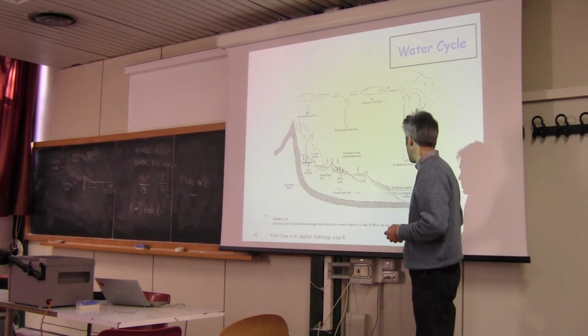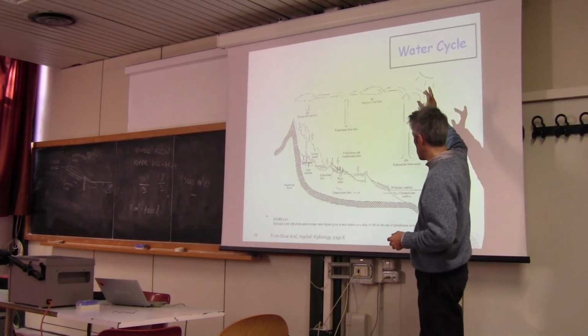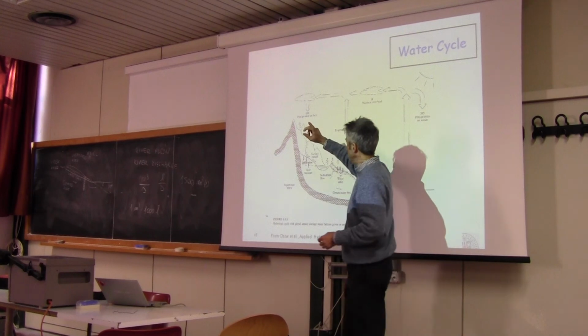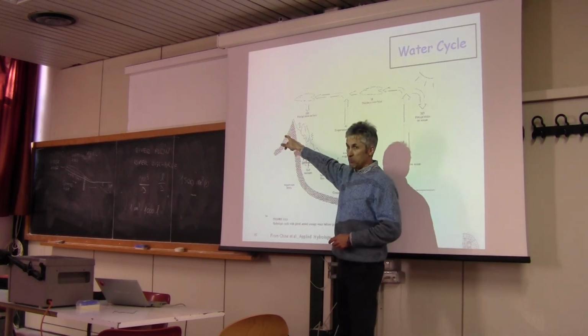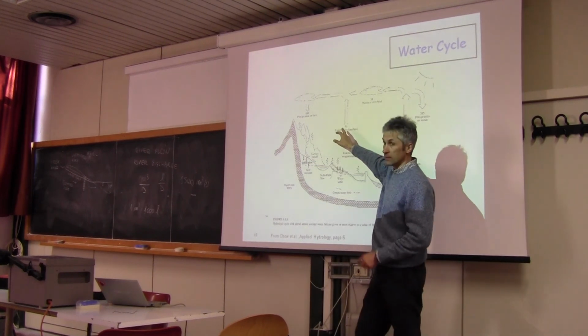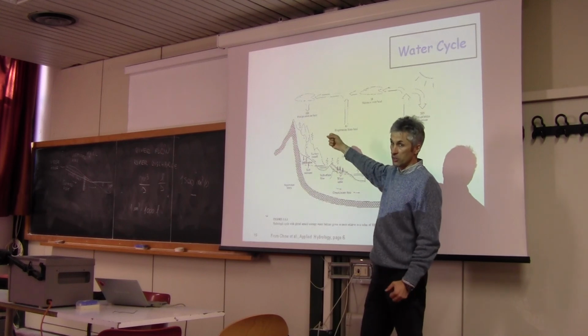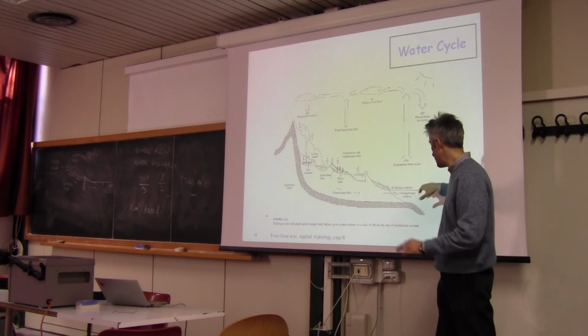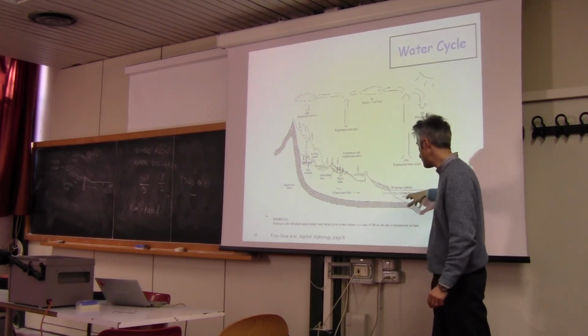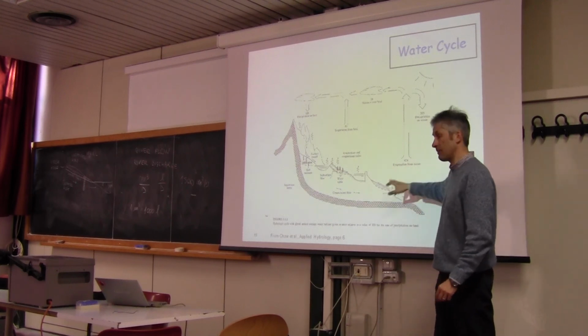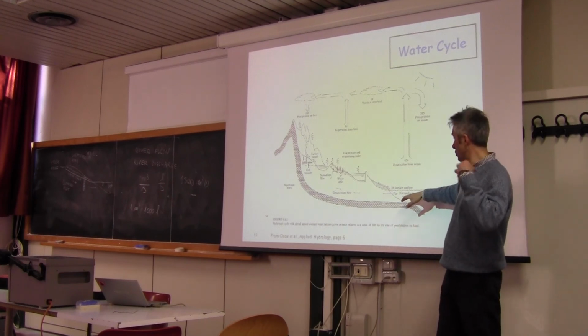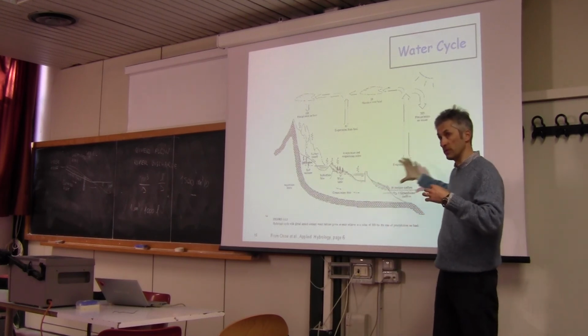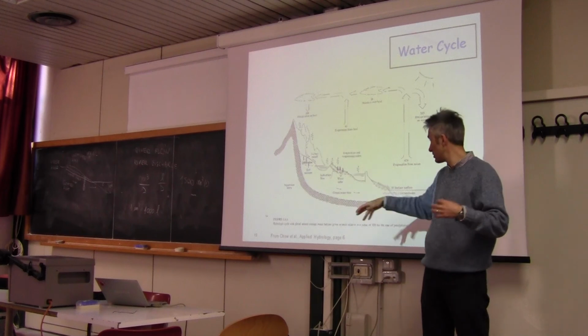Okay, other examples. If 100 is precipitation and 73 is evaporation, what remains is about 37. And you see here, it's difficult to read, but the total amount of water that flows from the lands to the oceans, including rivers and groundwater, is 38.